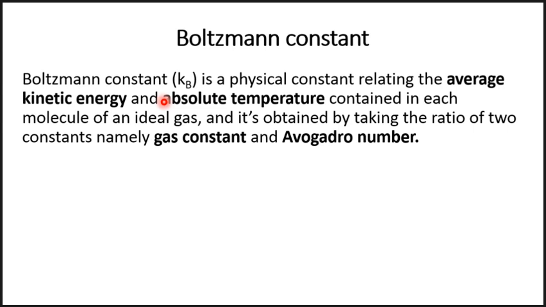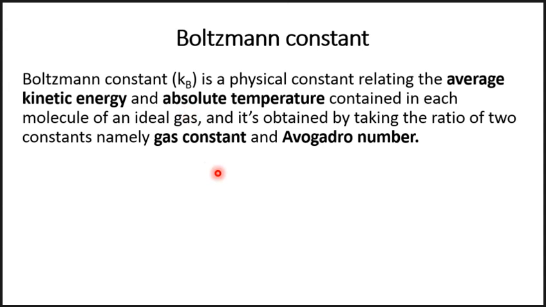Can we use the Boltzmann constant to derive the relationship between average kinetic energy and absolute temperature? Of course, we are going to do that in the course of this lesson.